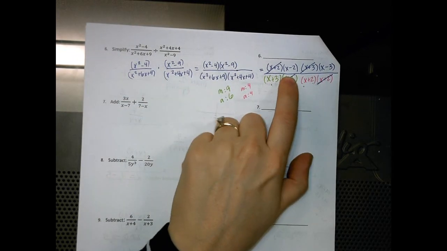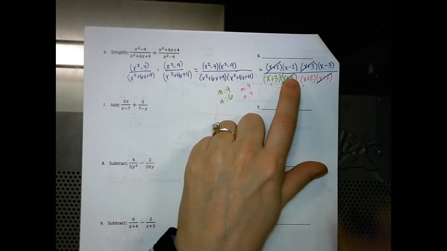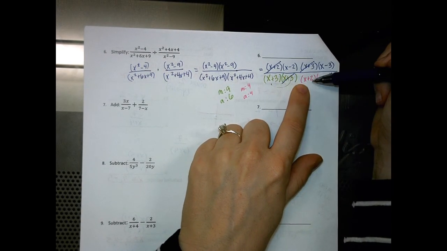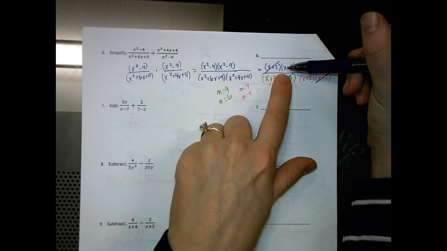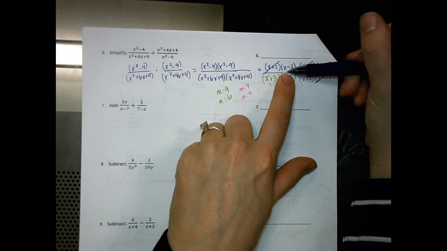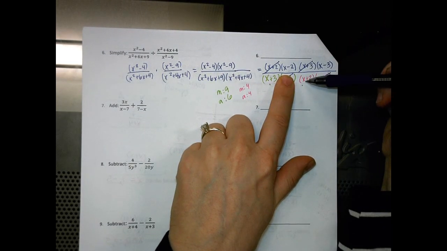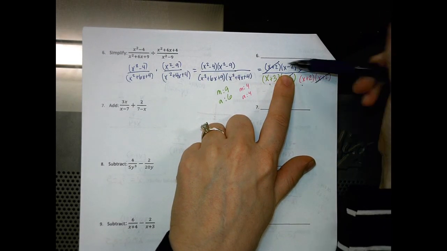But some people try to do that because they see that these kind of match, but they're opposite numbers. If I try to factor out a negative from x minus 2, what does x minus 2 factor to? Negative x plus 2. So that would still not match positive x plus 2. So I wouldn't want to do that.